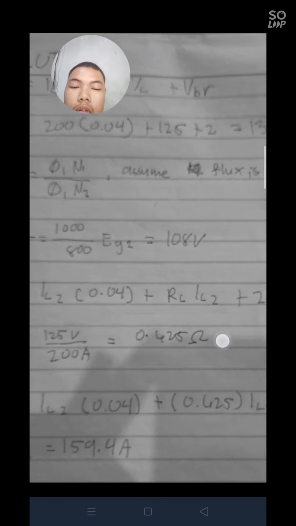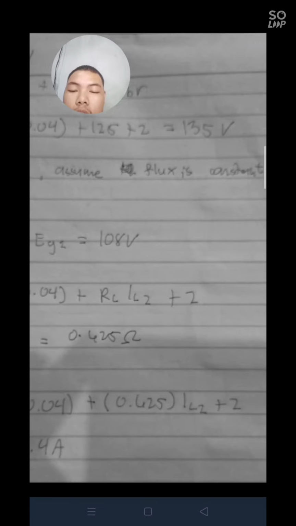So 108 equals IL2 times 0.04 plus 0.625 IL2 plus 2. So IL2 equals 159.4 amps.